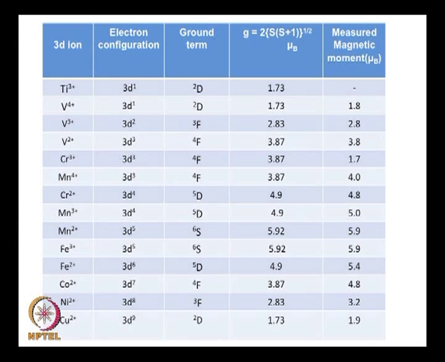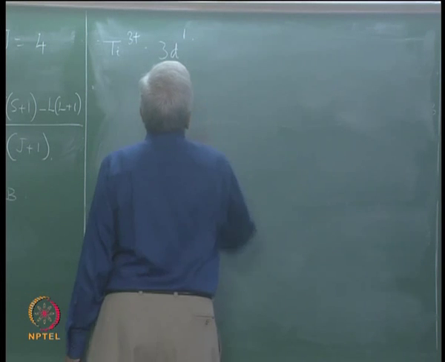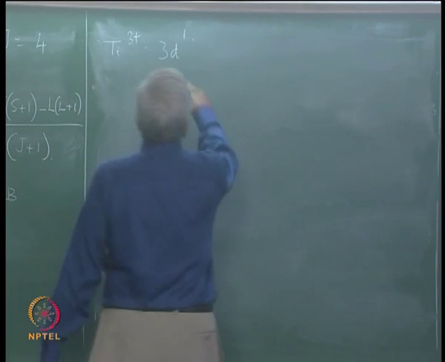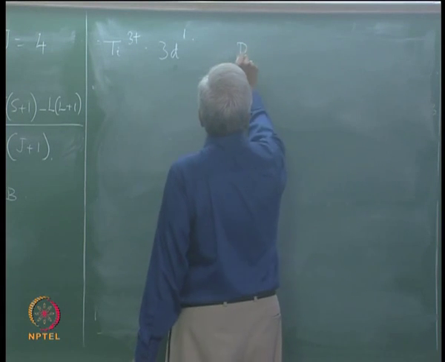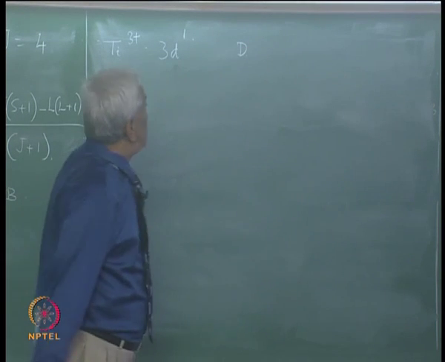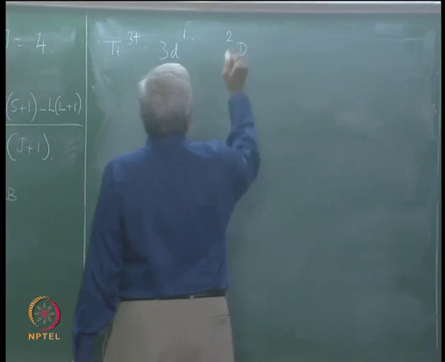So, we start with titanium 3 plus, which has 3d1, 1 electron. Since it is a d electron, the ground term has the symbol D, and it is a 2D term.